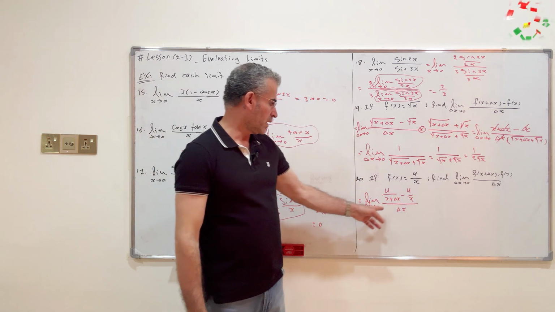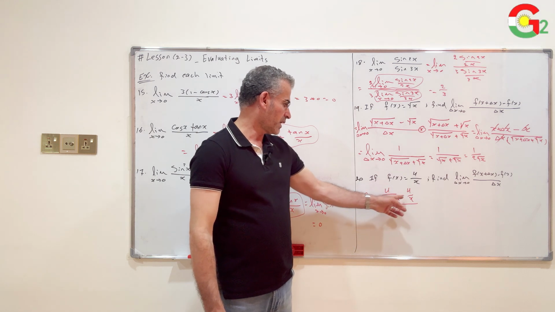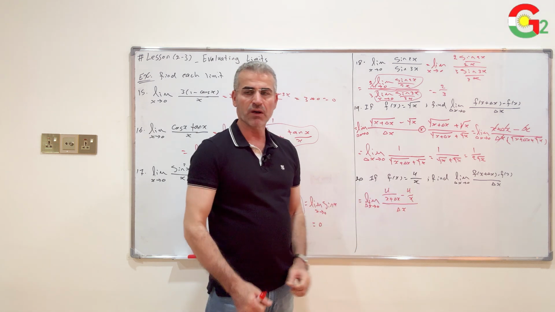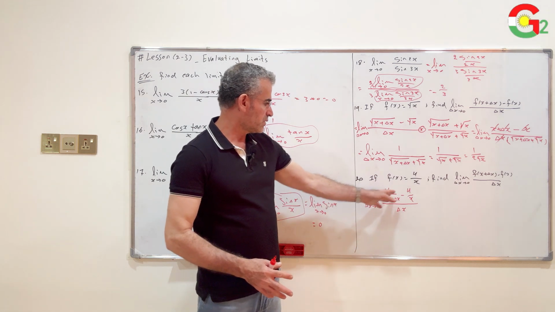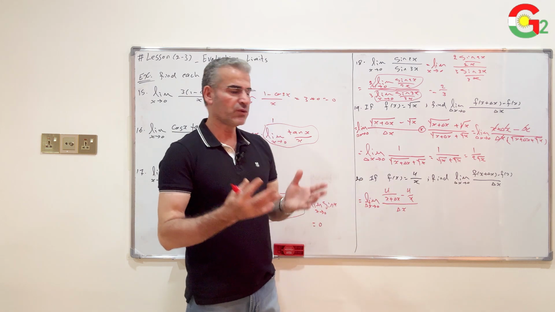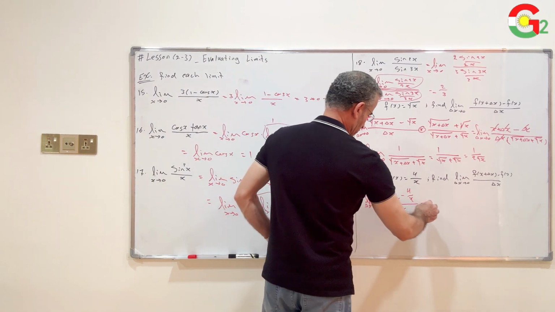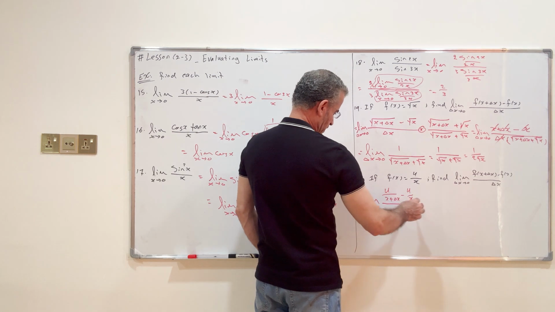If we substitute delta x with 0, then 4 over x minus 4 over x is 0 over 0. But since we have three fractions, we can unify the fractions. Unify the two fractions in the numerator.